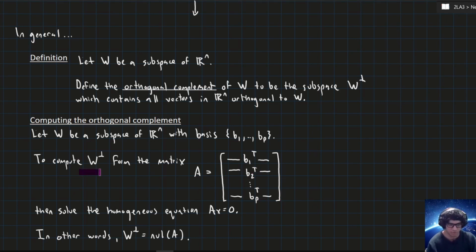Now, to compute W perp, we solve the homogeneous equation AX equals 0. In other words, what this is saying is that W perp is the null space of the matrix A, where A is formed by setting the basis of W to the rows of A.